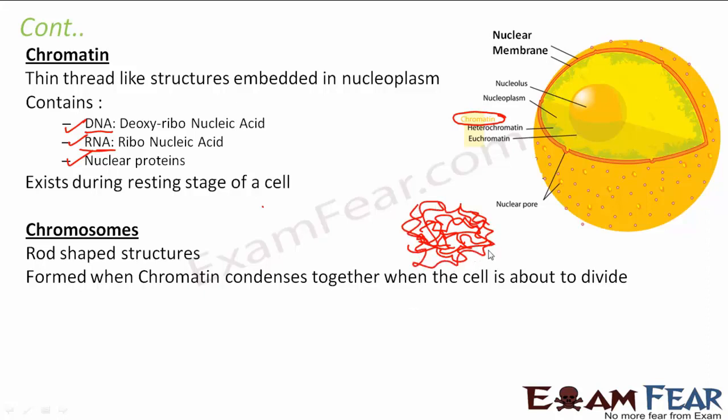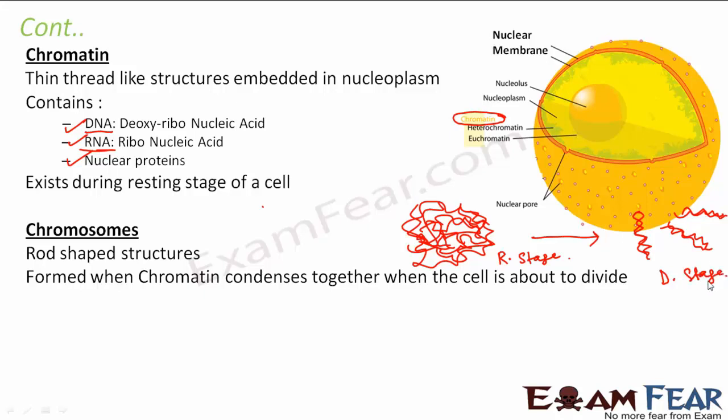So this is the resting stage. Now, I'm sorry, this was the chromatin. The same chromatin arranges itself in this fashion, and this is known as chromosomes. So this happens in the dividing stage, right?